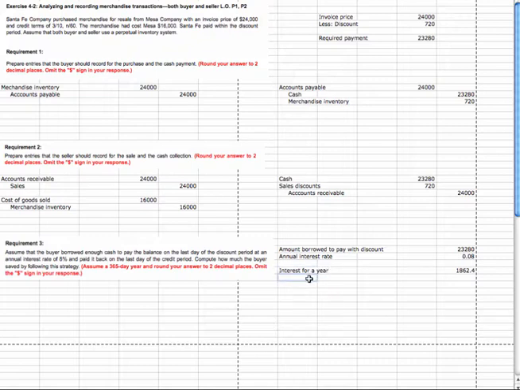Now what we need to find out is how much would that be per day. So the interest per day, let's take this amount and divide it by 365 days in a year. That'll give us $5.10, and then there's a long fraction. So let's round this number to $5.10.